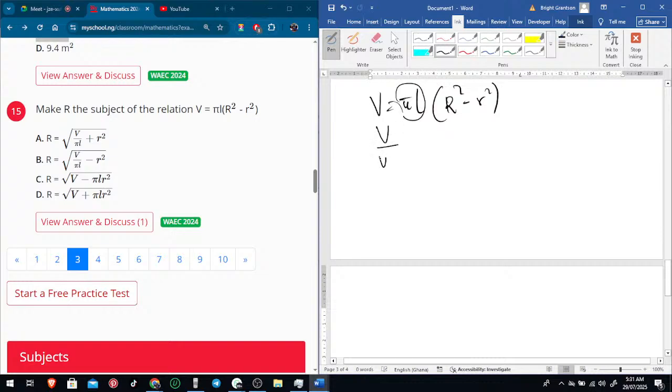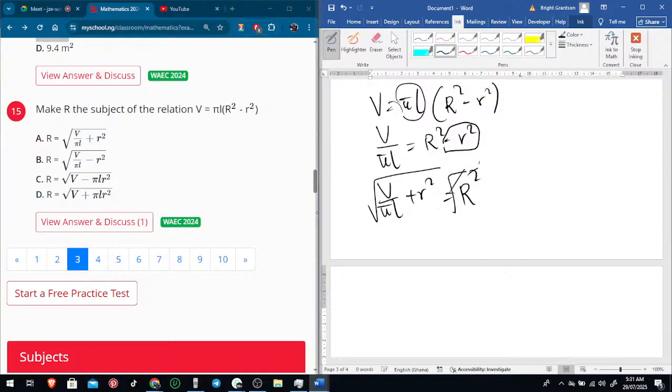So V over pi L equals R square minus r square. Then move everything here to the other side, giving you V over pi L plus r square equals R square. Then square root both sides. So R equals the square root of V over pi L plus r square. That's option A.